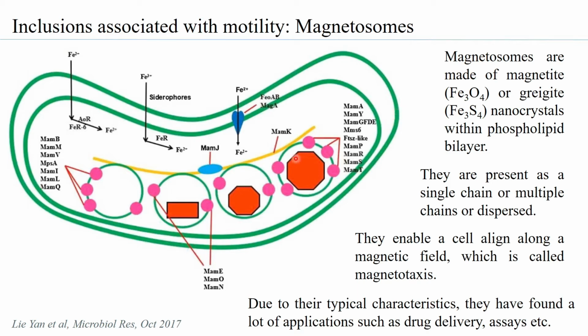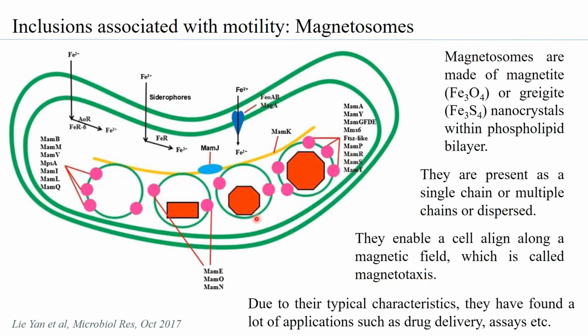So they have distinct dipoles, and each of them will arrange themselves in that dipole order, and based on that, the bacteria can move towards a magnetic field. So the cell is aligned along a magnetic field, and because of that, you can have groups of bacteria moving based on the magnetic field, and that phenomenon is called magnetotaxis.